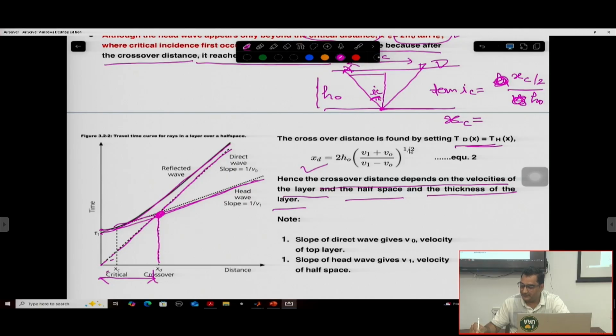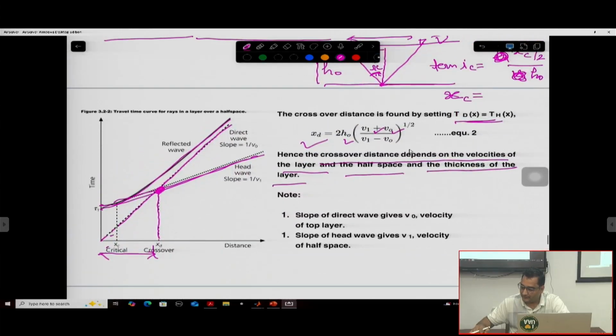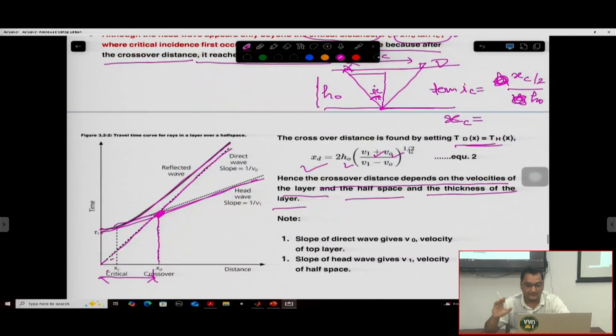So xd basically depends upon h0, and it is also dependent upon v1, v0, all those things. Now what does it tell you? Let's suppose you are given only this curve. When you are doing your survey and you have recorded your data, you will see your seismic section. In the seismic section, you can identify your reflected wave that will be coming in the hyperbolic format, and you will have your head wave also coming in this format, and your direct wave coming like this.